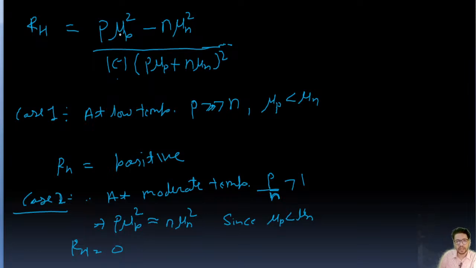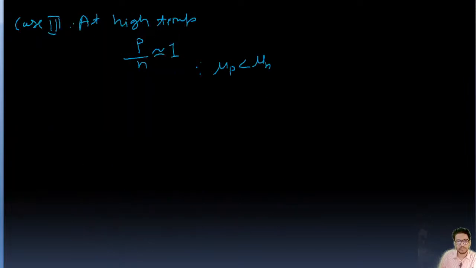P and N are almost equal, so this is going to give a negative value. So RH is going to be a negative value. That means the Hall coefficient, RH, is less than 0.